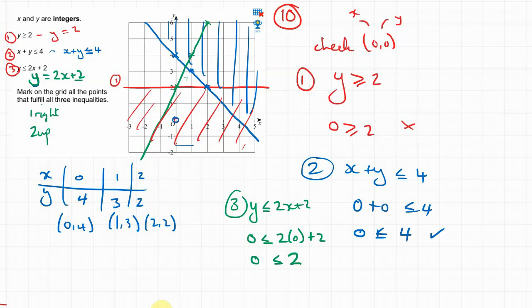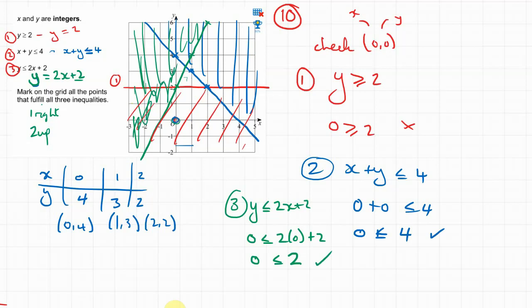Is 0 less than or equal to 2? Yes. So this side is correct. So this side is wrong. So I'm going to shade that side of my green line. Just what I expected. We are left with this triangle in the middle.